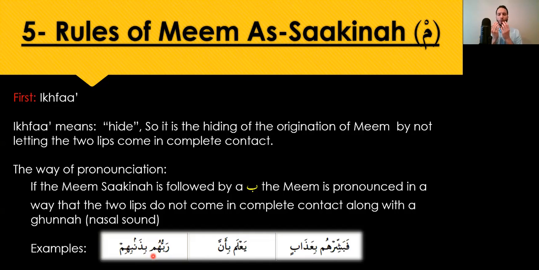So what's happening is, when I get my lips close to each other, right? By nature, remember we said that the noon and the meem are two letters that use the nasal sound, right? Because when you totally close the lips, the sound is coming out from your nose. So that's a nasal sound.